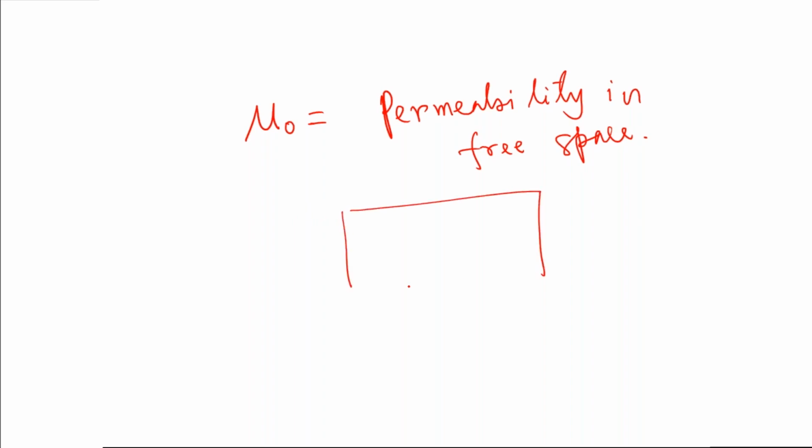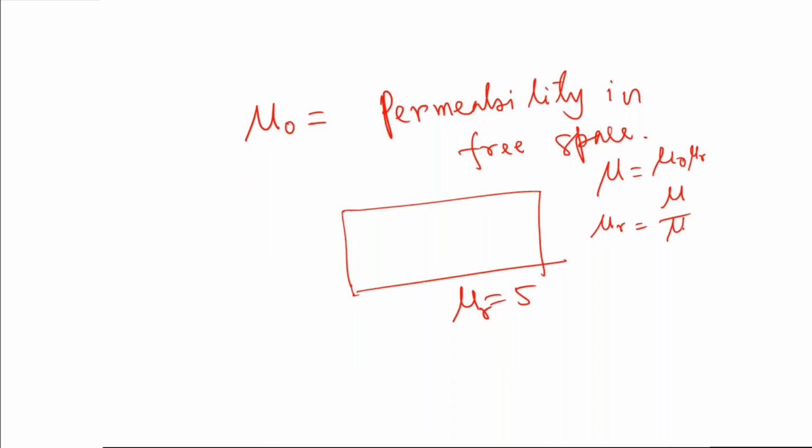So permeability means what, if I suppose have a material which can be magnetized, okay. So it has a certain amount of permeability, suppose mu r is equal to 5, and this is a dimensionless quantity. Sorry, mu r, relative permeability. This is similar to this again, mu is equal to mu naught into mu r, and mu r is equal to mu by mu naught.